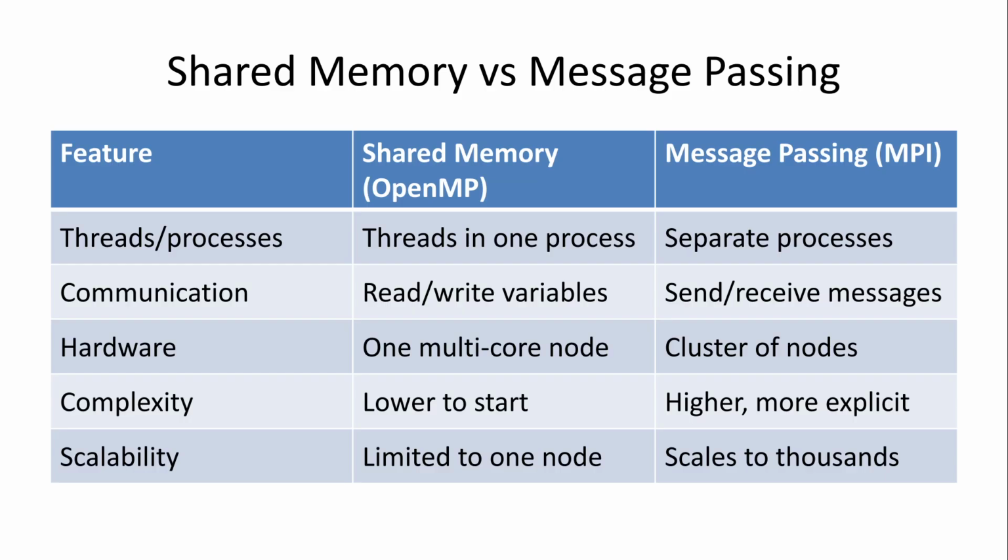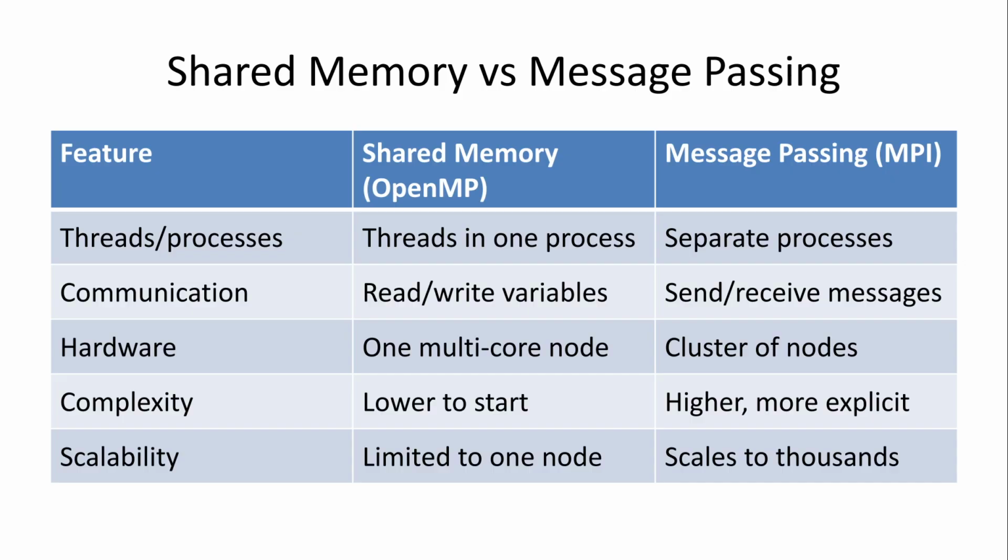Okay, from a scalability point of view, certainly due to cost, efficiency and other factors, you cannot have really large numbers of such multi-cores connected to the same common memory pool. Whereas in message passing, because they are connected via a network, you can have thousands of nodes connected to each other via a high speed network, and you can write code which will scale across all these nodes.